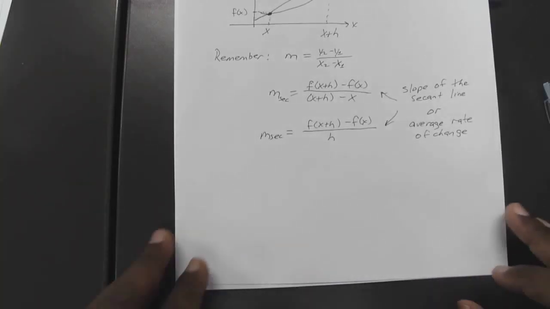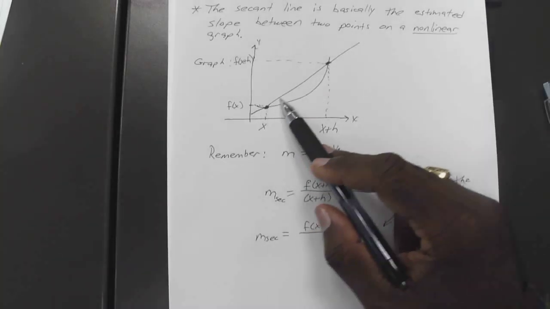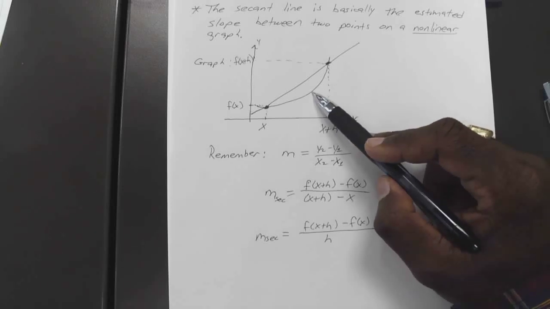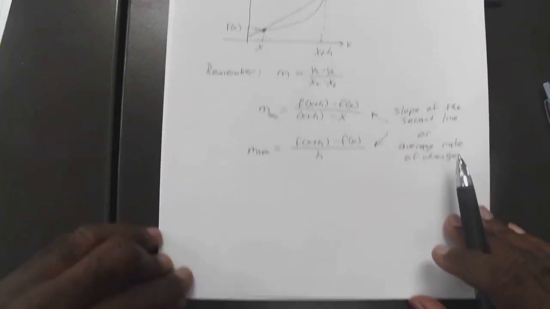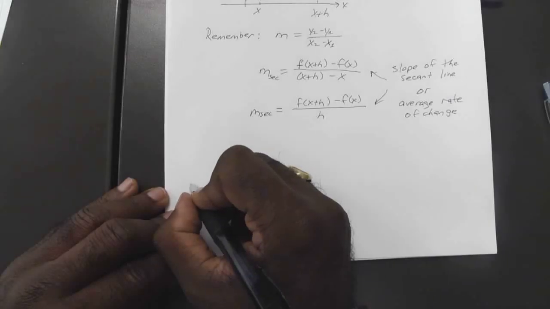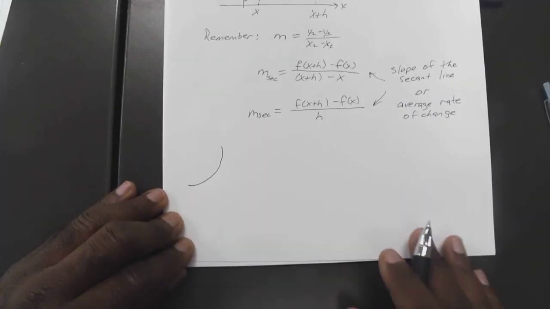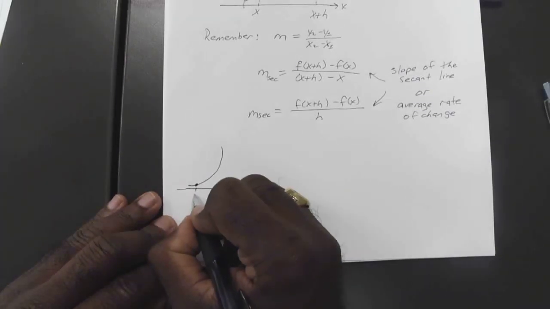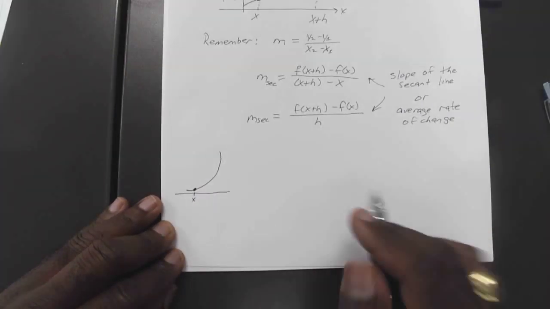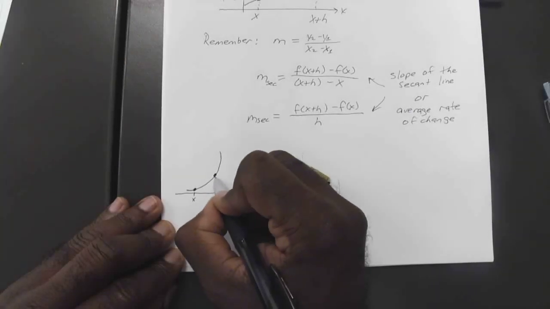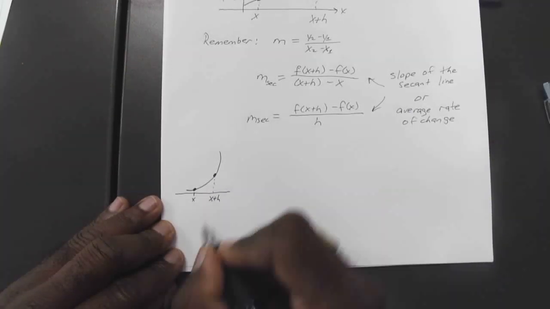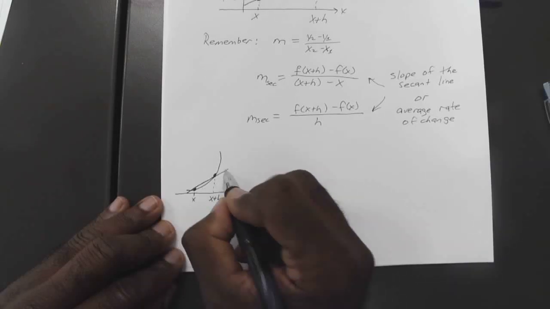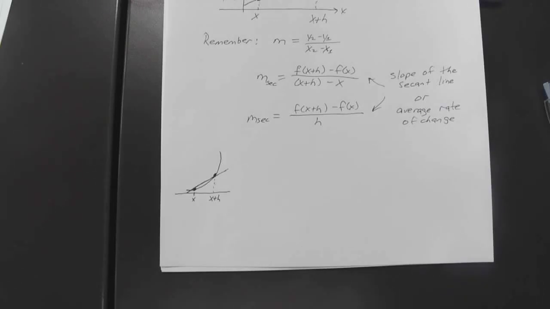All right, so let's say we have this graph here, and instead of having our x plus h here, we decide we're going to move it a little bit closer. Let's draw a smaller version of that graph. Let's say this is your x, and we move our x plus h closer. It's supposed to be a straight line, but kind of off a little bit.